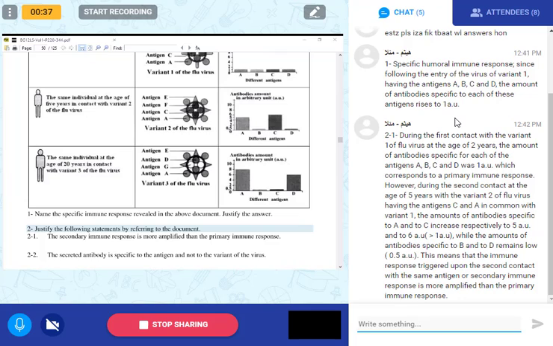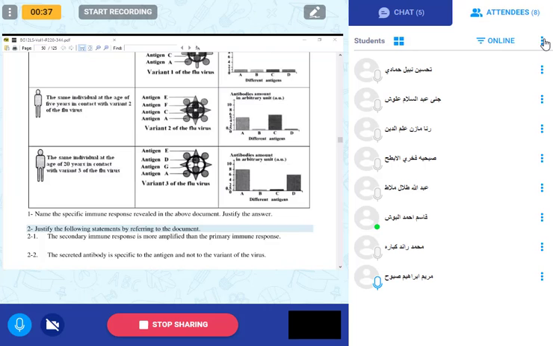This means that the immune response triggered upon the second contact with the same antigen, or secondary immune response, is more amplified than the primary response. Very good. Is it clear, guys, for everyone?